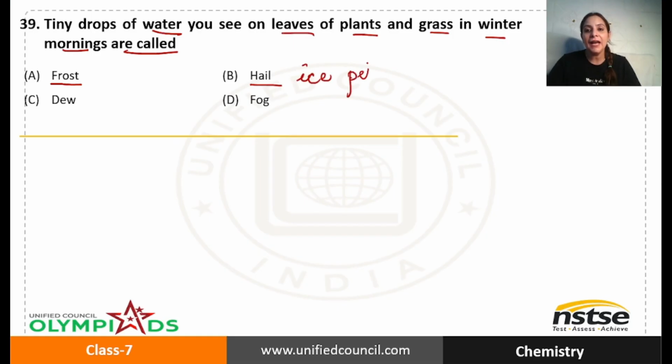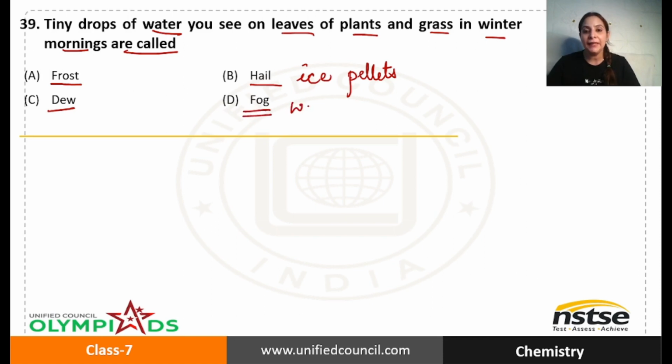And if I talk about dew, what is dew? Like if you sometimes see in the morning, you find that there are tiny drops of water that we observe on the leaves of the plants or on the grass. That is dew. And if I talk about fog, what is fog?